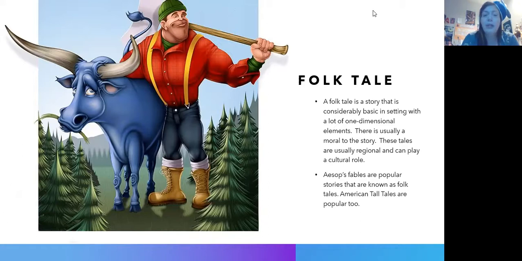These are all going to be folk tales. Folk tales usually play a part in cultural or regional roles. So think about that when you think of folk tales. Aesop's Fables is another good one. If I had time, I'd read you a good one called The Wasp and the Snake. We don't have time today, but maybe that's something you could read on your own.